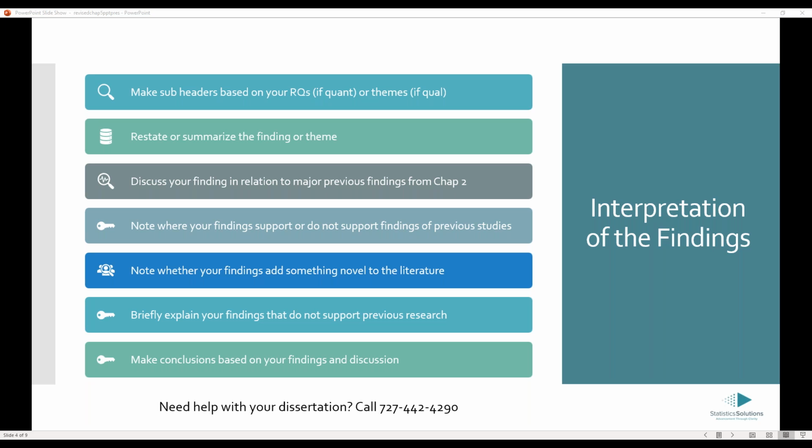It could be less than a page. Things like recommendations for practice, recommendations for further research, they could be several pages. They could be a page. So it's all dependent. But usually the sections aren't typically long. Again, the whole chapter can be anywhere from 8 pages to 20 pages, depending on whether you're quantitative or qualitative.